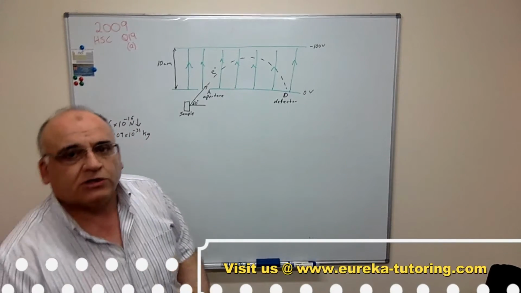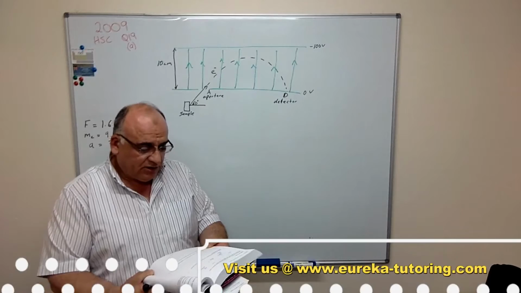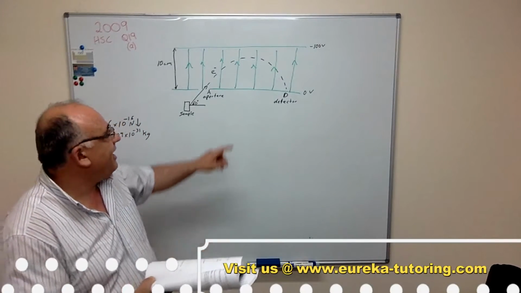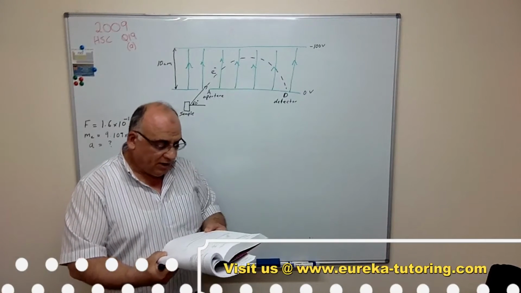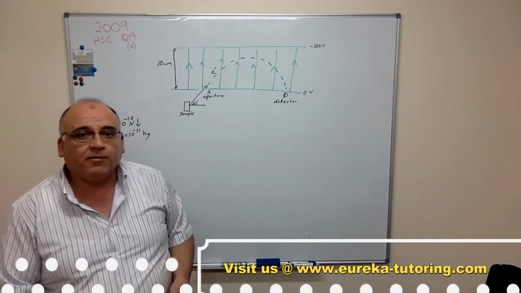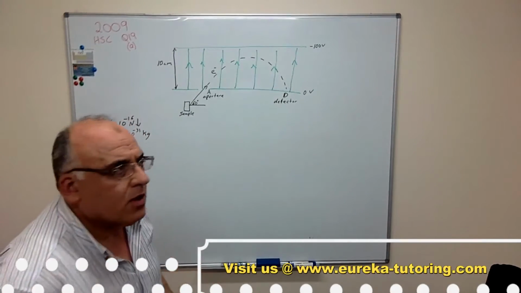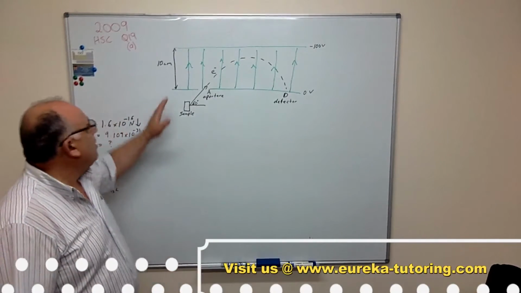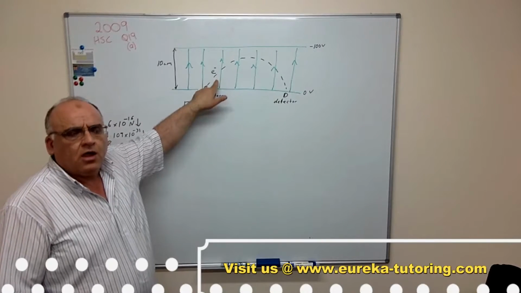The second part of that question asks us, the electron experiences constant acceleration and eventually strikes the detector at D. What is the time taken for the electron to travel from A to D? So they're asking us to work out, first of all, the acceleration experienced by the electron.